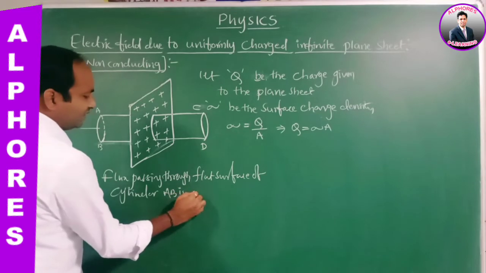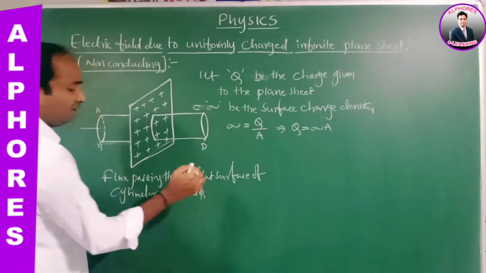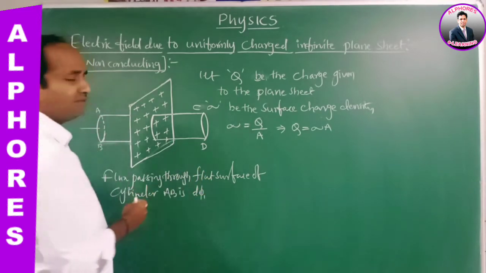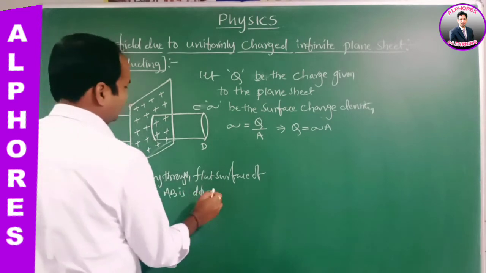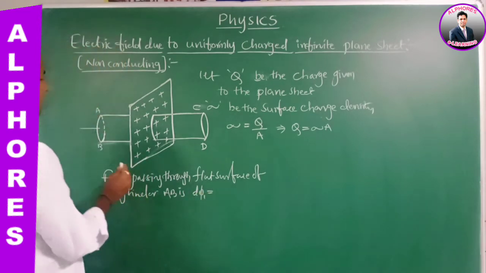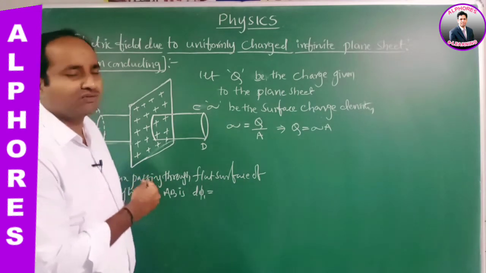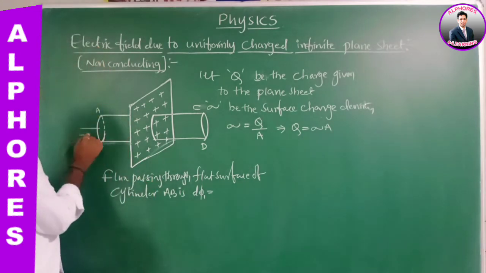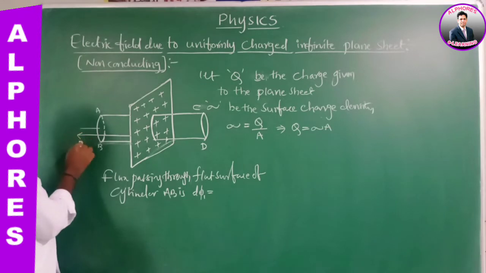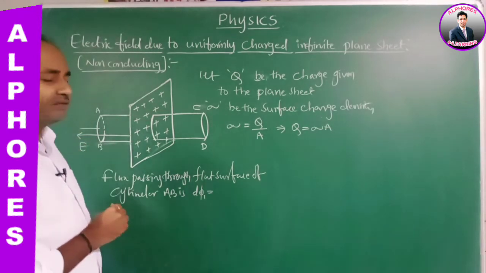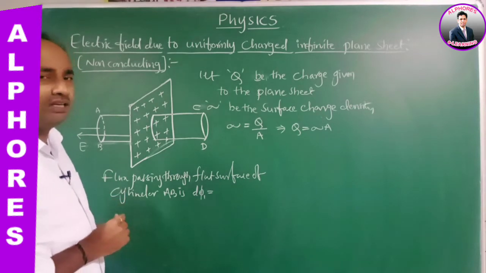The flux through AB is d phi 1, which is equal to E dot A. What is the direction of E? Radially outwards, because we are given a positive charge. The direction of the flat surface AB is normal and away.